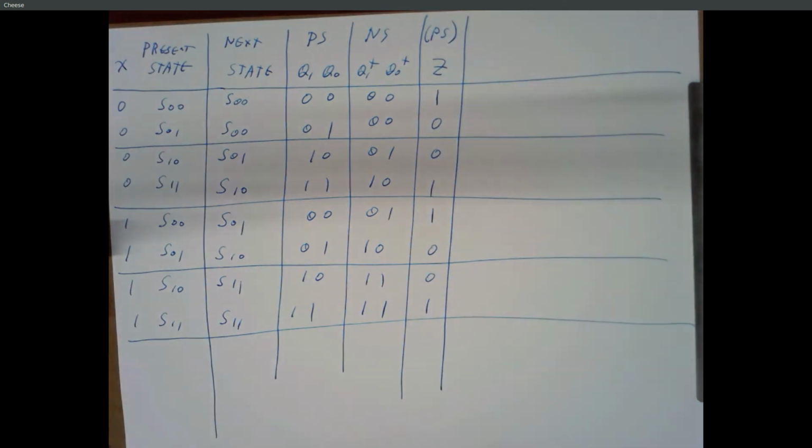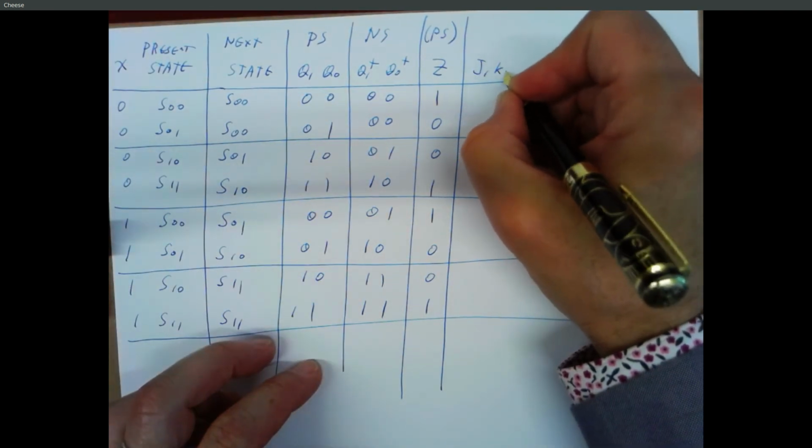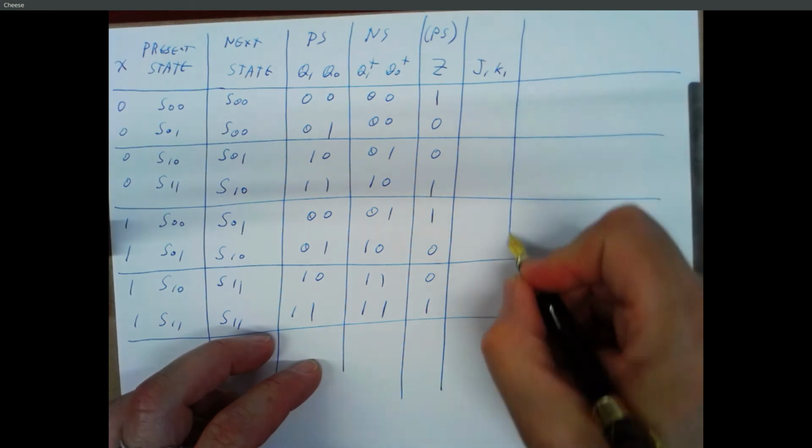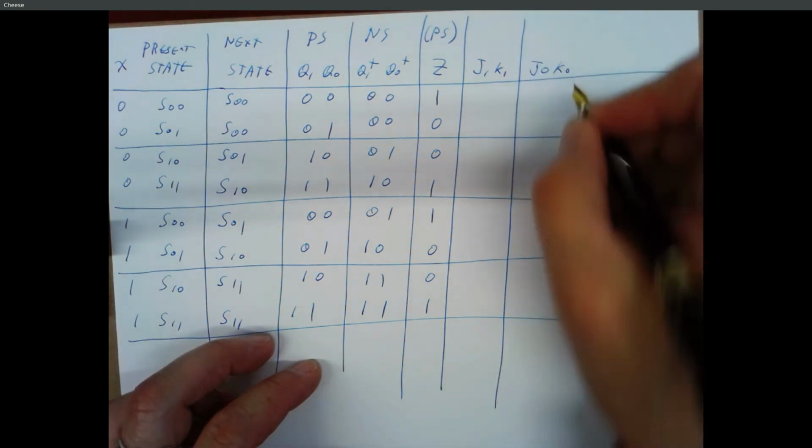All right, now for the fun part. So these are JK flip-flops. The value of a JK flip-flop after a clock tick depends on two things, value of J, value of K. So let's make a column for J1 and K1, and let's make another column for J0 and K0.